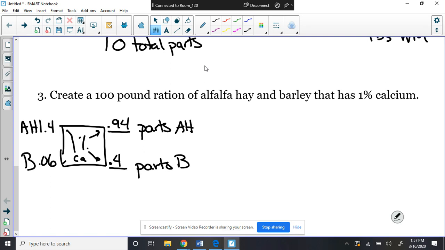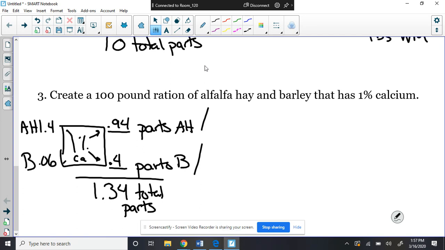Okay. Next thing I want to do is add these numbers up. So when I add 0.4 plus 0.94, what I end up with is 1.34 total parts. And then I'm going to go ahead and use those to keep solving. So my next step is to divide each of my individual parts by the total.